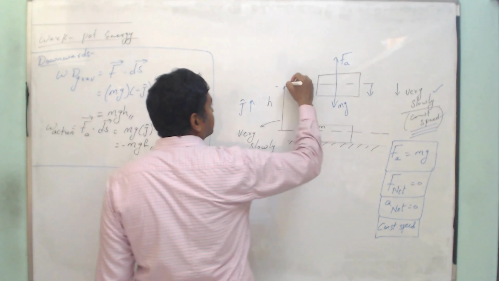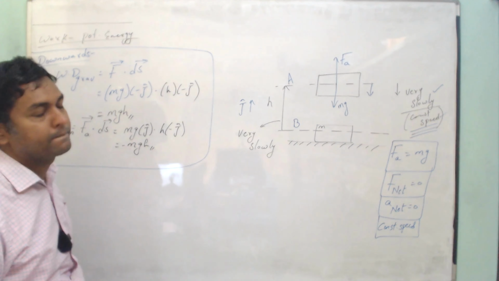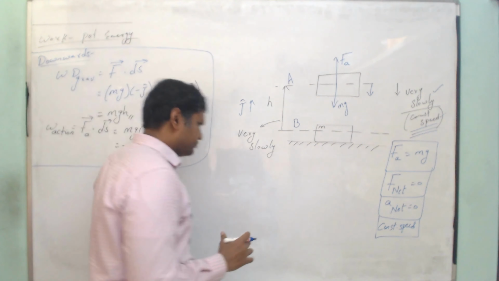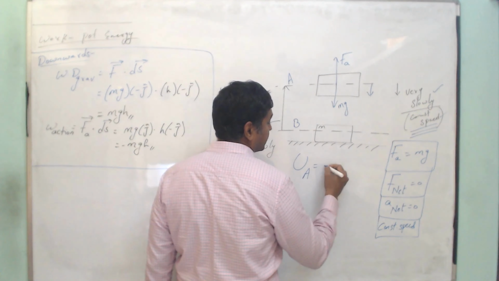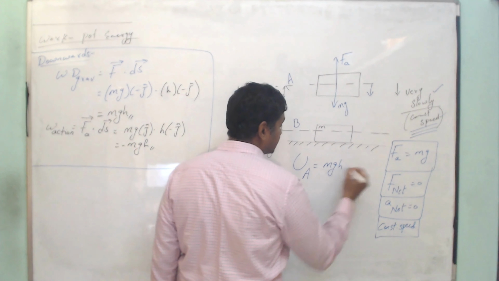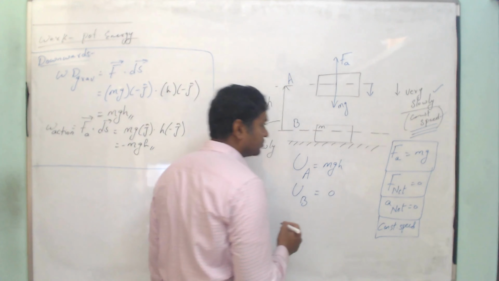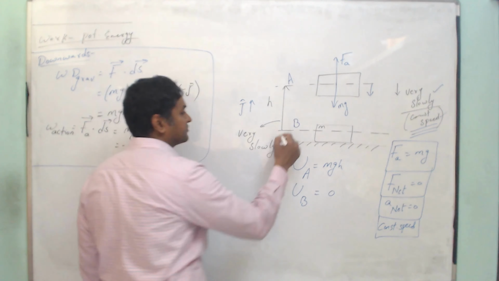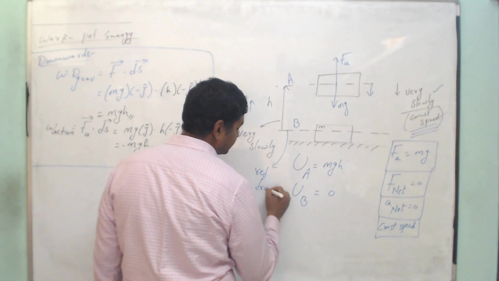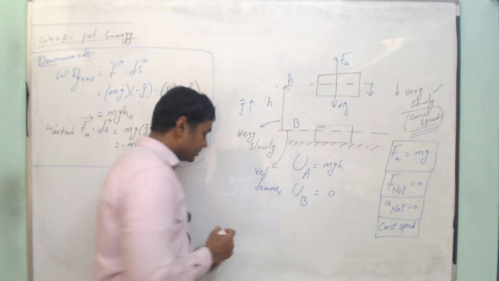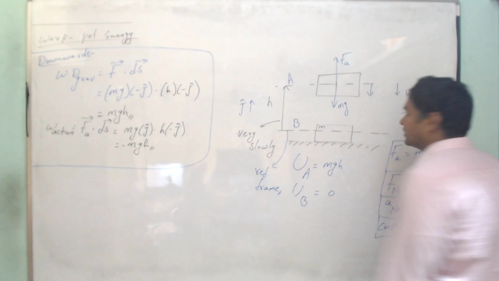Now, let us say this position is A and this position is B. Somehow, from some knowledge, I know that the gravitational potential energy at A is mgh, and the gravitational potential energy at B is 0, if I take this as the reference frame. For all potential energies we need a reference frame, and for gravity we can always choose it.